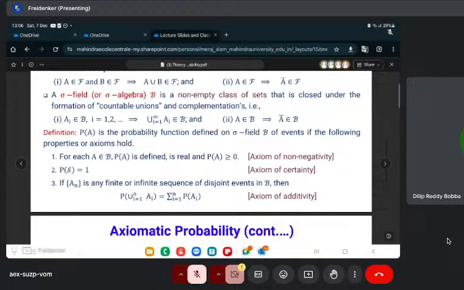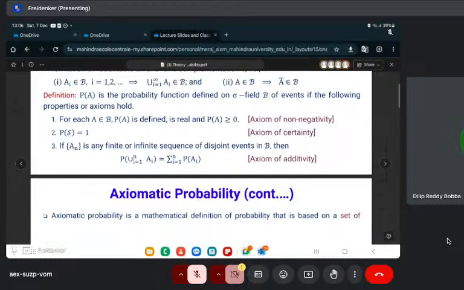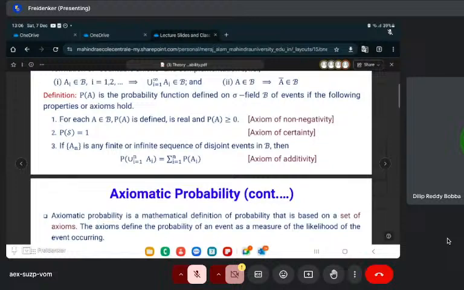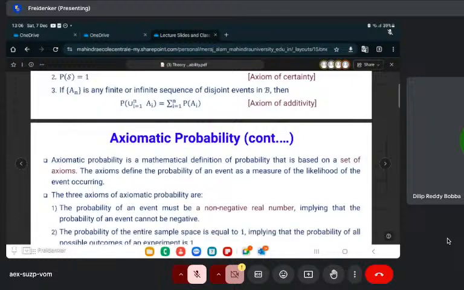So that's just two events. You can have n events. If all of them are mutually exclusive, or you can also call them mutually disjoint, because they have nothing in common. Axiom of additivity. Nice. So axiomatic definition we understood.